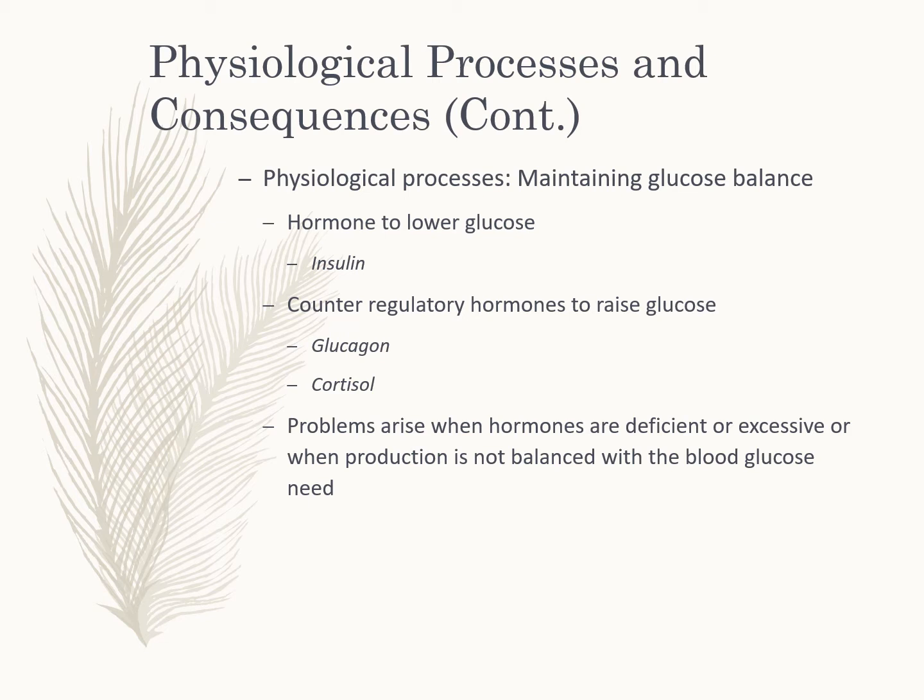There are several counter-regulatory hormones, which are hormones that oppose the action of other hormones and that are required to raise blood glucose if levels begin to decrease or in anticipation of increased needs. When the system works the way that it's supposed to, the glucose levels will remain normal, even in the setting of extreme stress. Now, after the consumption of food, insulin is released in response to rising glucose levels.